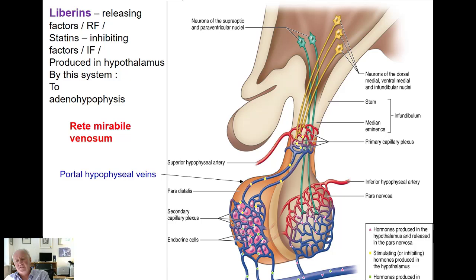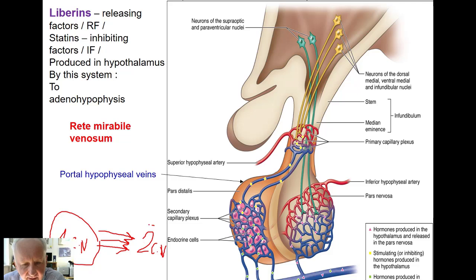A portal system generally means that there is one capillary net and a second capillary net, and these two capillary nets are connected by a system of portal veins or a portal vein. So this is the first capillary net, and this is the second one, and they are connected, as you see in this moment, by very short but few portal veins.